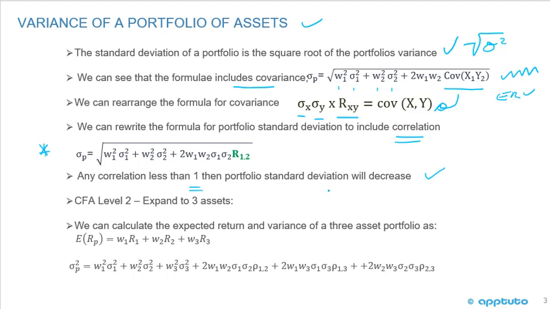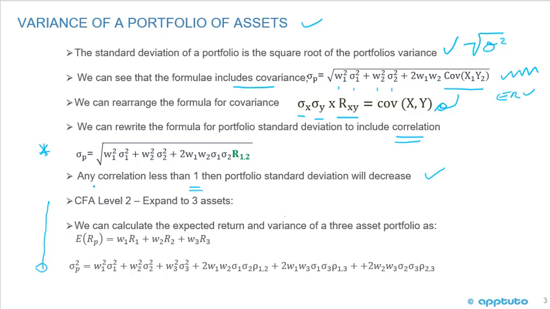Now a special case, if the correlation is 1, then yes, the standard deviation for the portfolio will just be the weighted average. Okay? So as I said, in the CFA level 2, they can expand the math to 3 assets. And that's the foundation for portfolio management theory. We always start with a 2-asset portfolio.